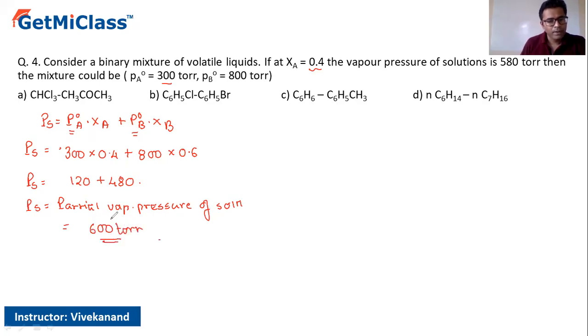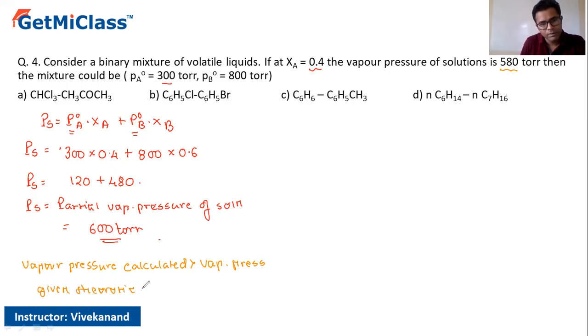Okay, now what does this imply? It implies that the vapor pressure over here, that is the calculated one, is far more greater than the actual vapor pressure, or the vapor pressure given theoretically, right?